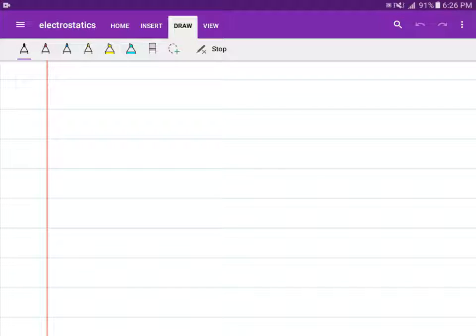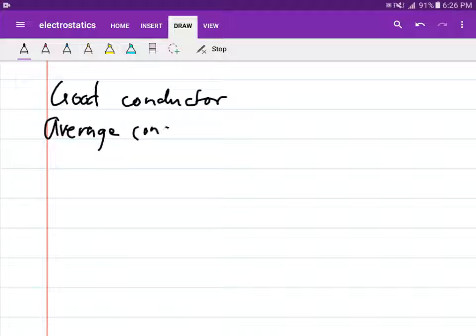So let's say you have two materials, one being a good conductor and one being a poor or average conductor. When we say something is a good conductor, we want it to be not that resistive, so it must have low resistance.